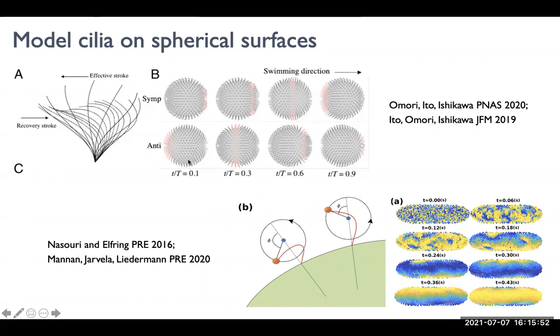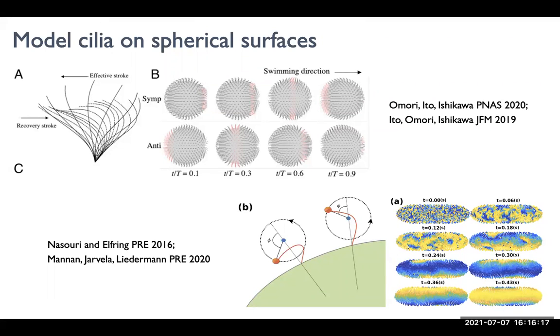And at the same time, you could do things like putting these model cilia rotors, instead of on a planar surface, on the surface of a sphere, to try to capture the geometric effect of the curvature of the surface. One of the nice things about this system is that there is a Green's function.